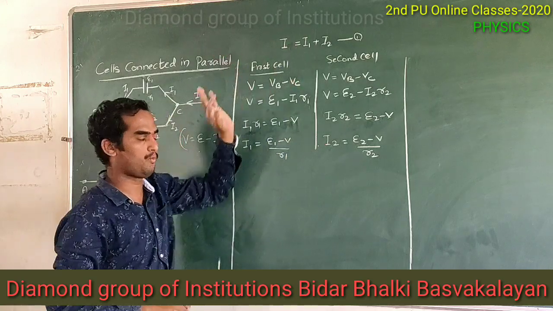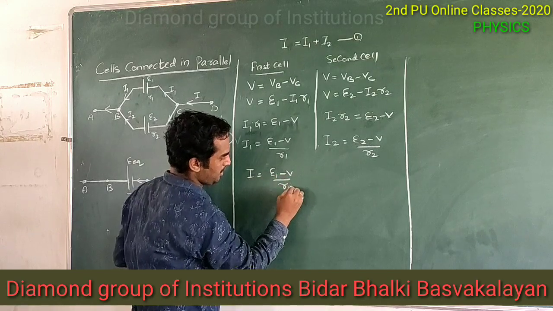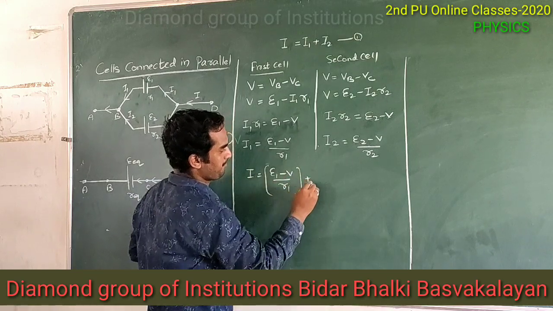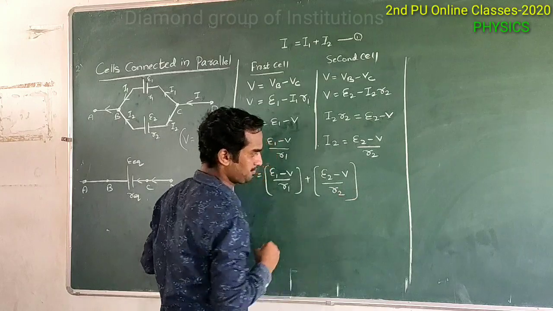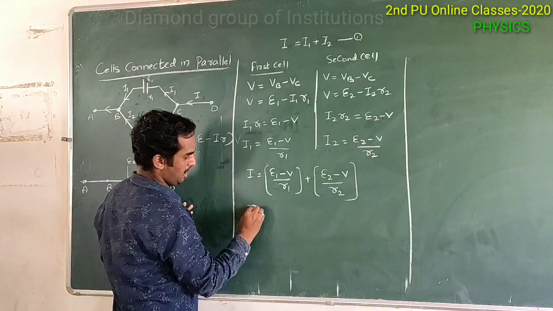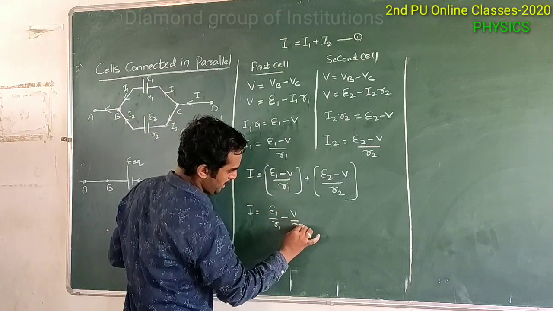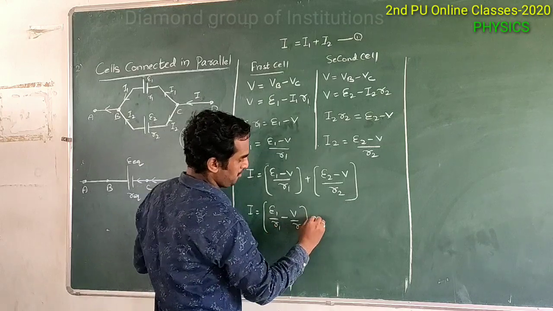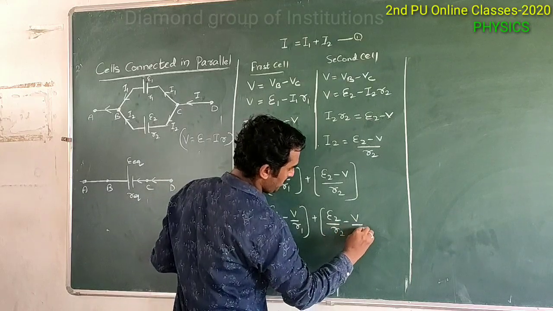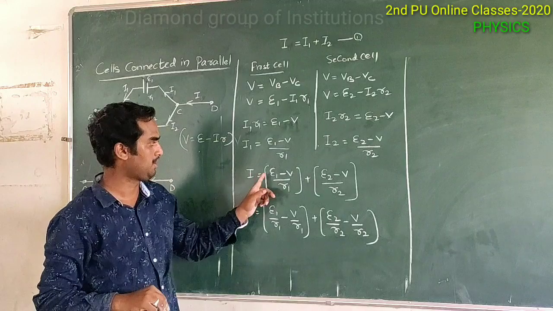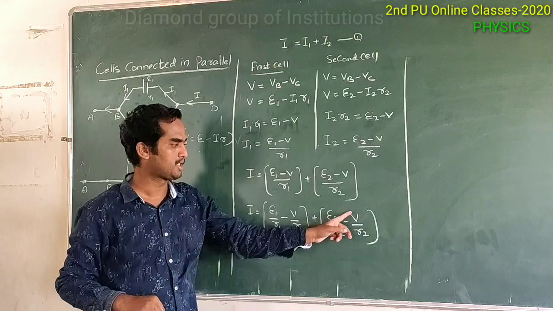If you substitute in equation number 1, I becomes E1 minus V by R1 plus E2 minus V by R2. So I equals E1 by R1 minus V by R1 plus E2 by R2 minus V by R2.